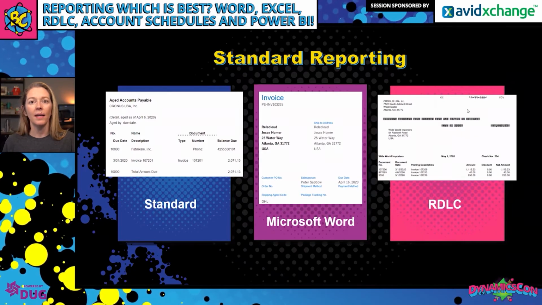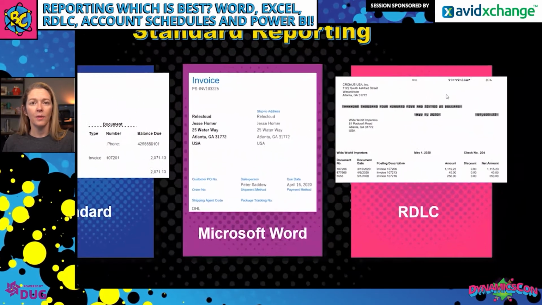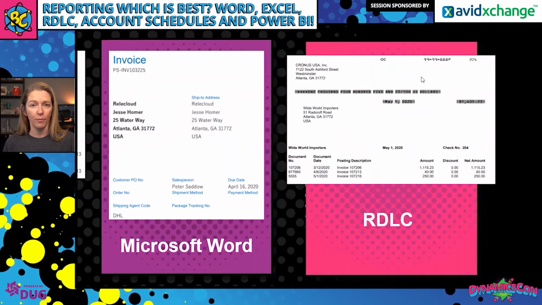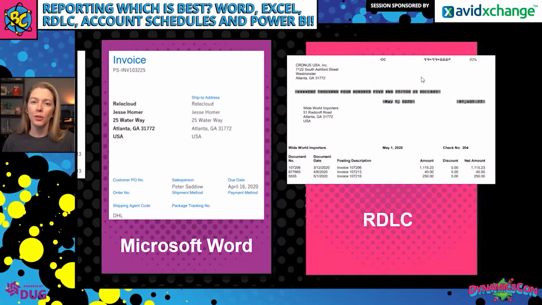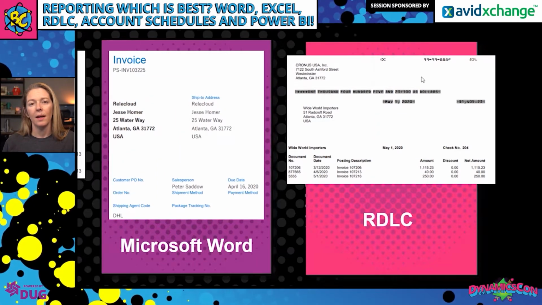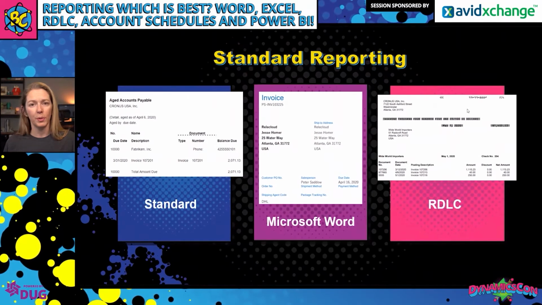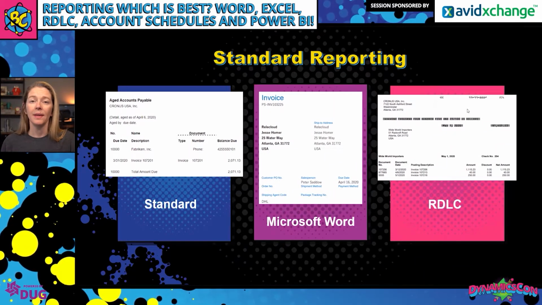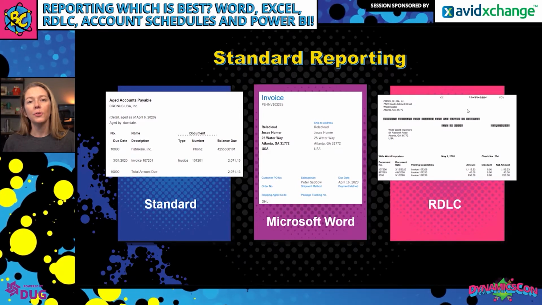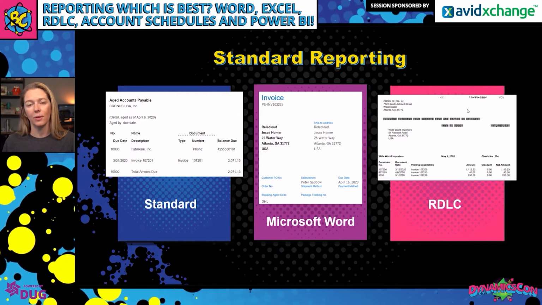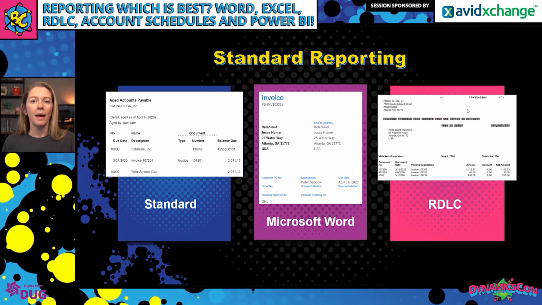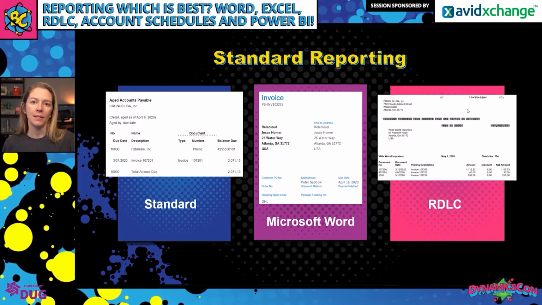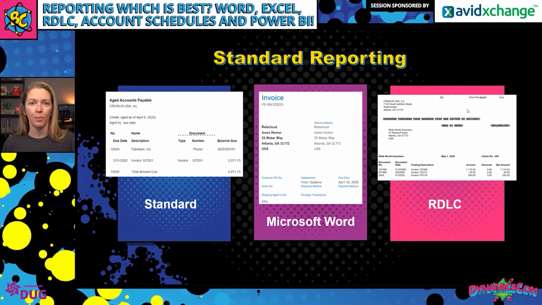Then you'll have the RDLC, like a check format. You can do some of these in Word, and you can also use Report Builder or Visual Studio to modify those. Now, if you go to create that report and it shows up blank, that means that format is not available for that type of report.